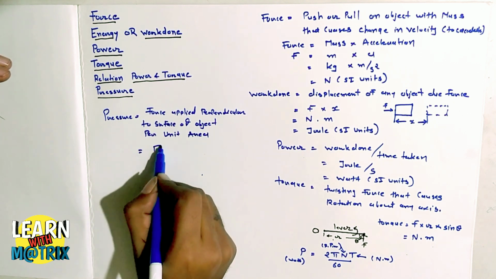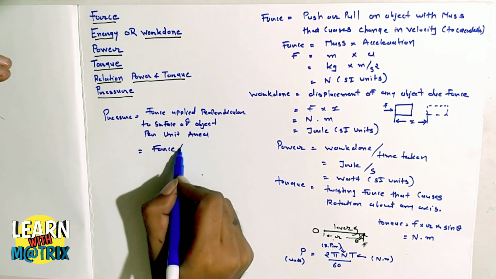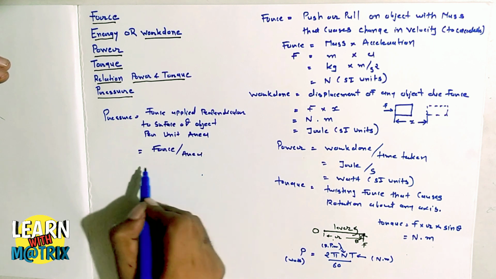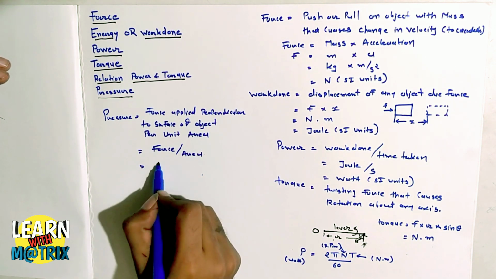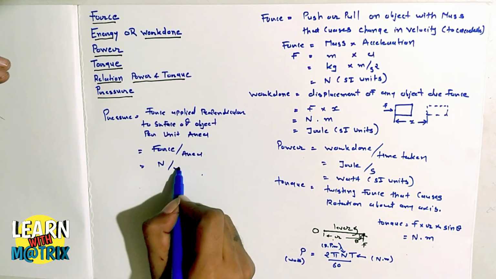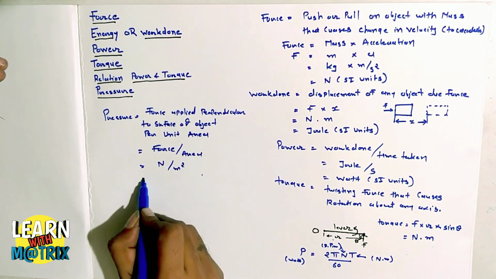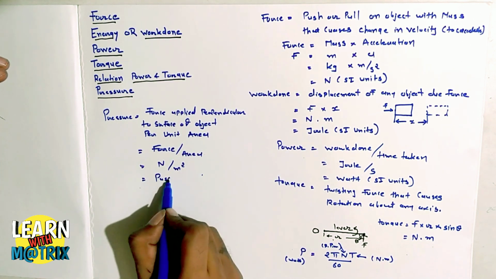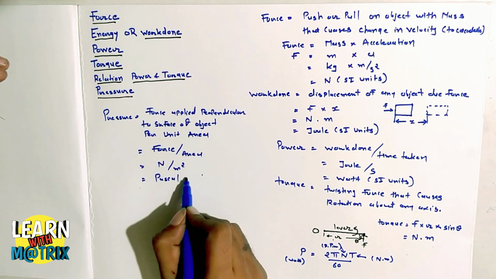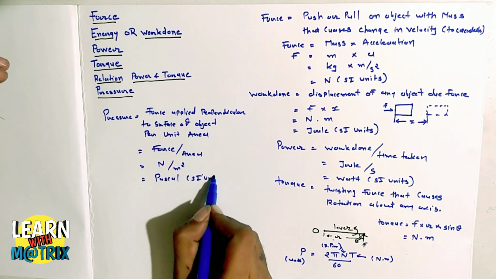So pressure is equal to force per area. Force has a unit of Newton, area we are taking in meter square. We can also write it as Pascal in SI units.